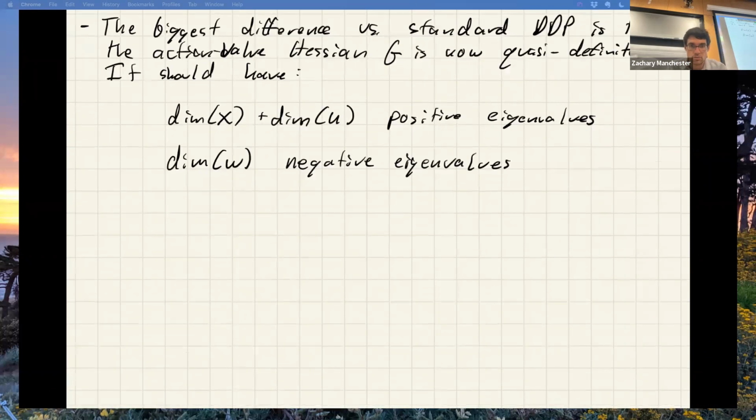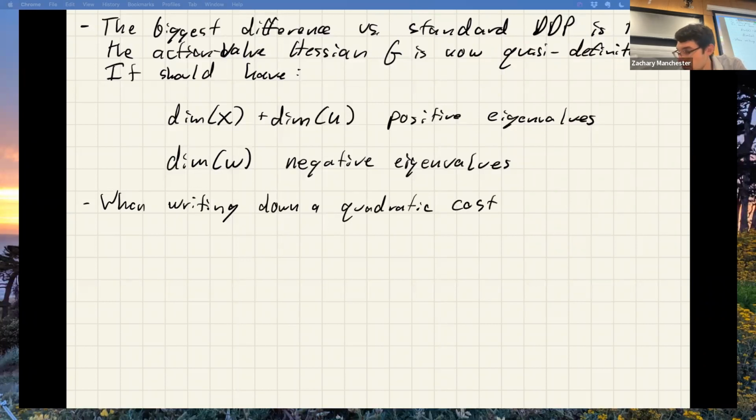Cool. Let's see. Taking that idea into how we specify one of these problems: when we write down a quadratic cost function for this, the Hessian with respect to W should be negative definite.